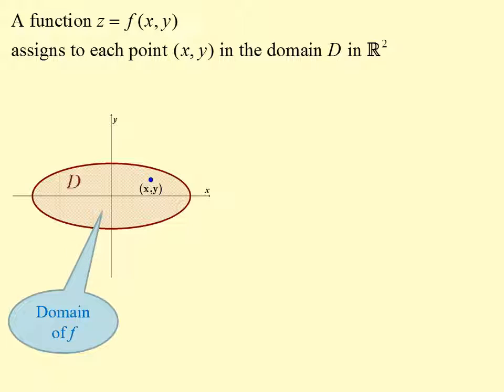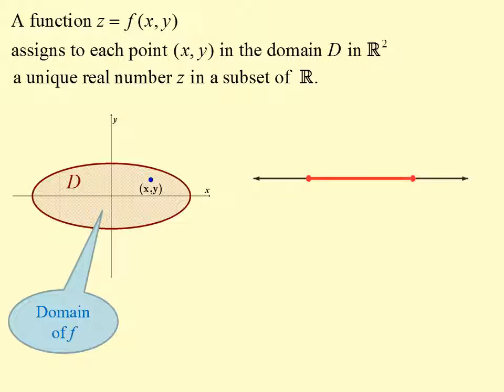We're taking a planar region, like I've got graphed here, and we're mapping a point in the planar region, a point in R2, which means 2 dimensions, a point in 2 dimensions is mapped onto a point in one dimension. So that's the idea of z being a function of x and y.